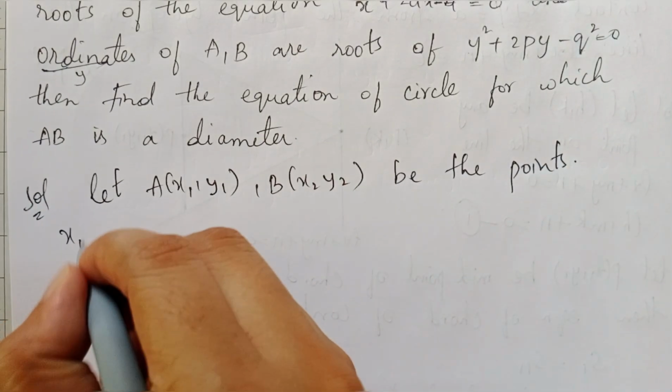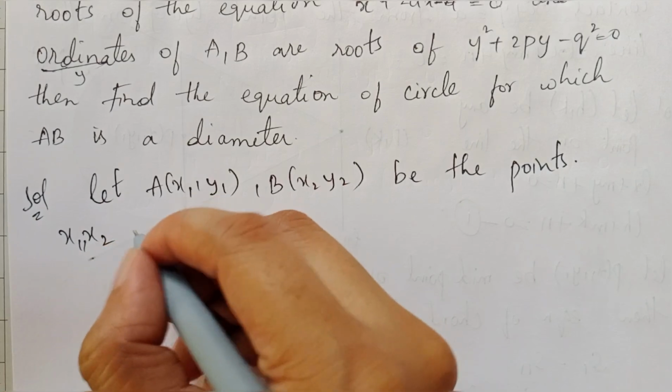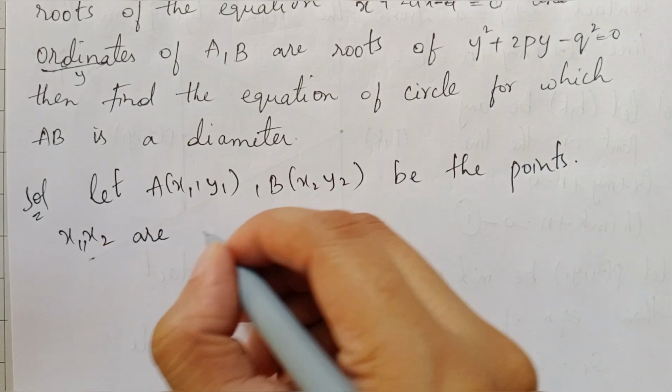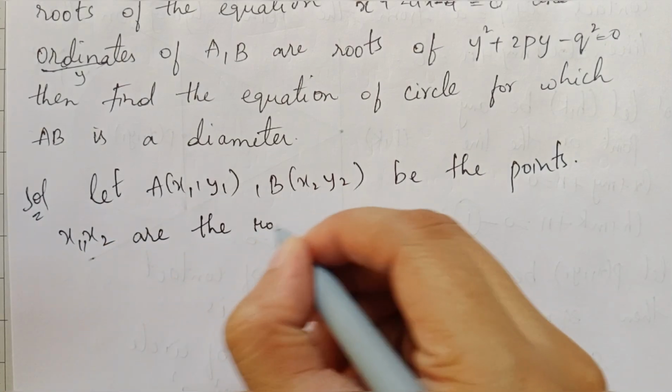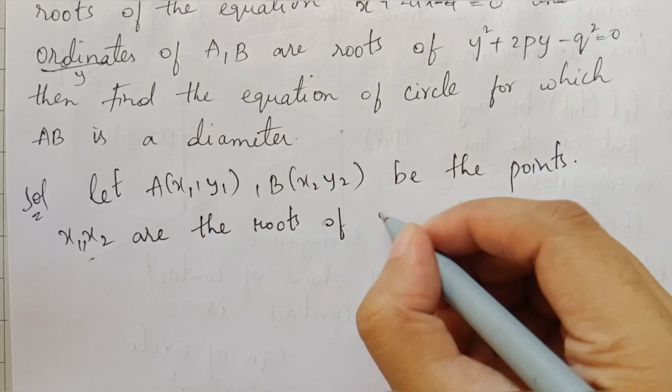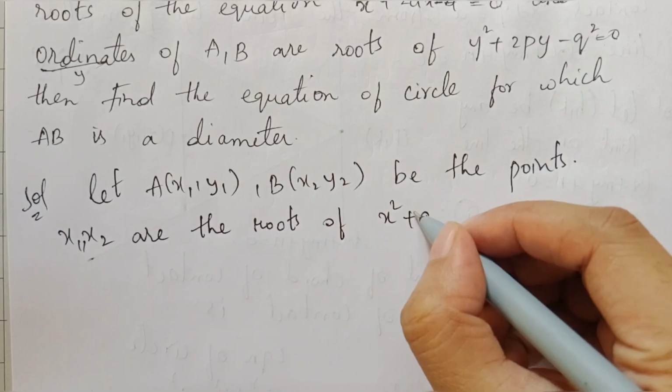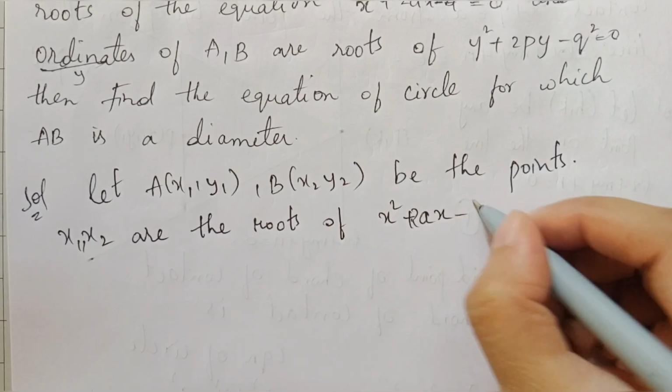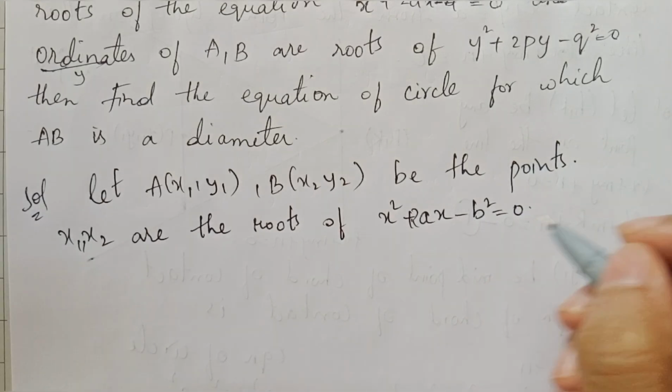Given that x1 and x2 are the roots of the equation x square plus 2ax minus b square equals 0.